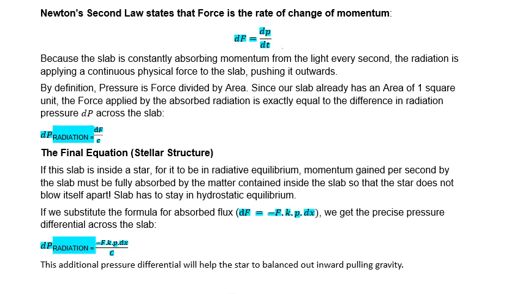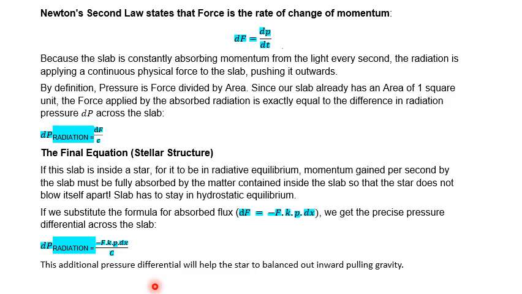So you agree with me, because this element is absorbing the momentum transferred to it through those photons, it is also being applied with a continuous force, which comes out from Newton's second law, and the relation is as follows.